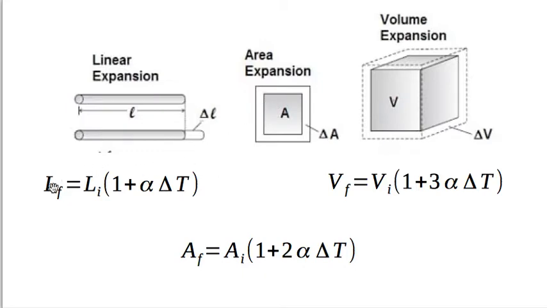It's going to be the same formula, but instead of, for example, alpha delta T, that formula is going to change in the following way. Instead of alpha delta T, it's going to be double the alpha. If you do all the algebra and you multiply the LF times the LF on this side for this area, you're going to get this result.